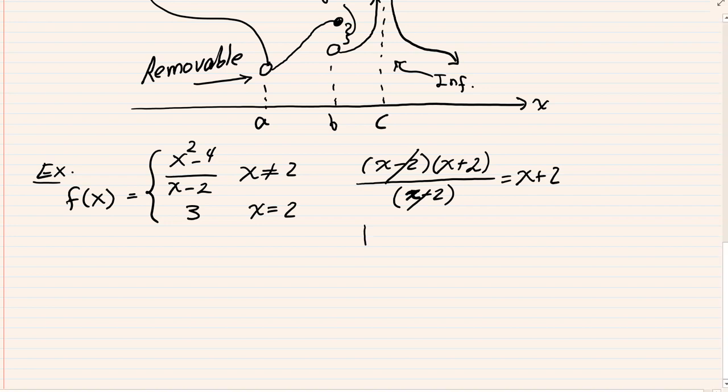So when I graph this function, I'm actually going to graph a linear function. This is in the form of slope-intercept, right? The y-intercept is at 2, and the slope is 1. So hypothetically, this is what the line looks like. Now, when x is 2, the function is not defined. The line isn't defined.